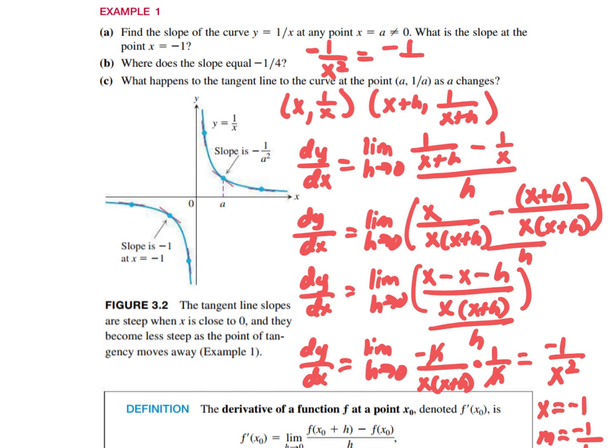And I'm going to set it equal to negative 1/4 to find out where that slope happens. And so when I solve, in cross multiplying, I would have x squared equals 4, which means x could be either positive or negative 2.